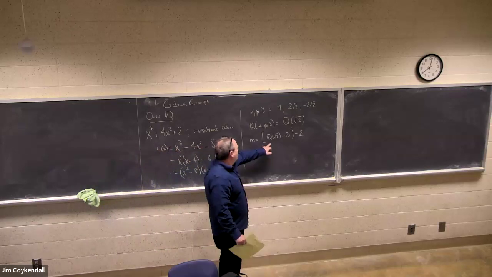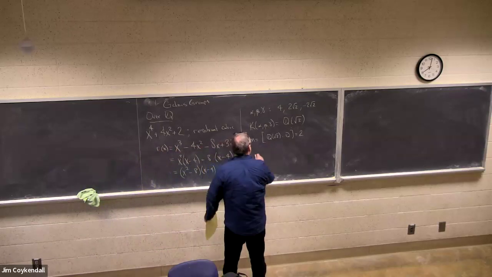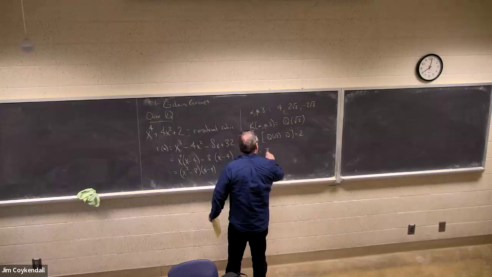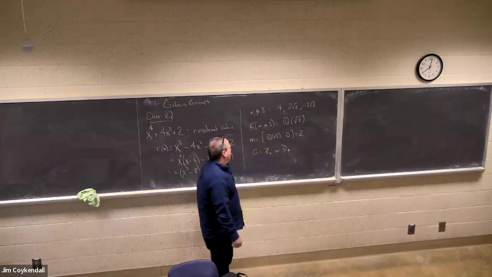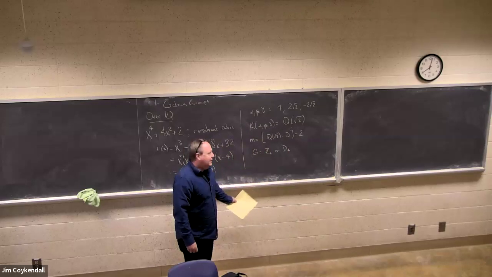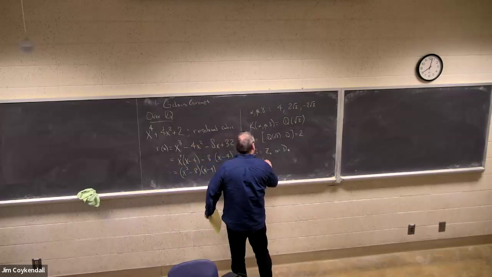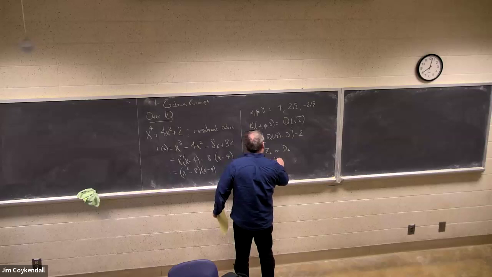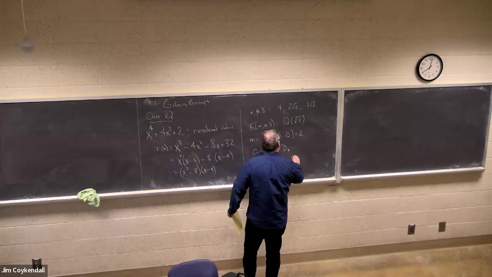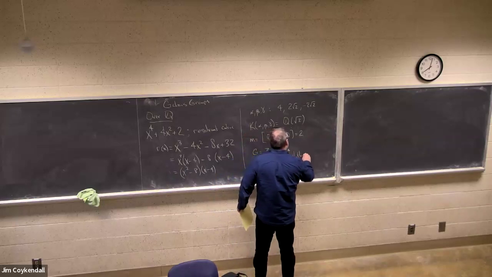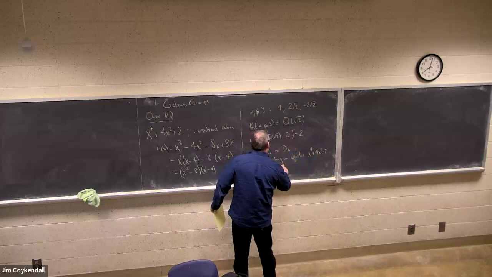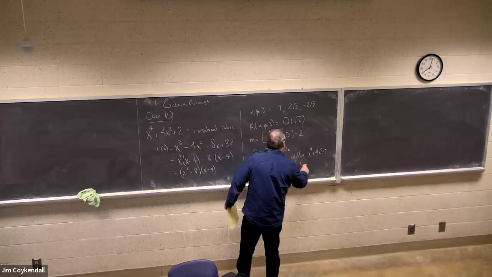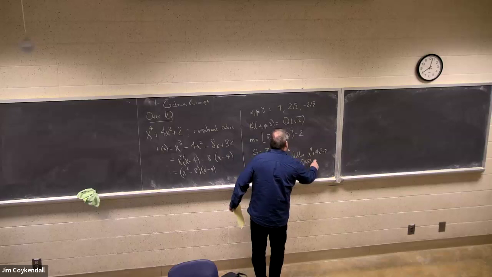And so what I know about the Galois group is it's one of these two, depending on whether the original polynomial is irreducible over Q adjoin root 2 or not.